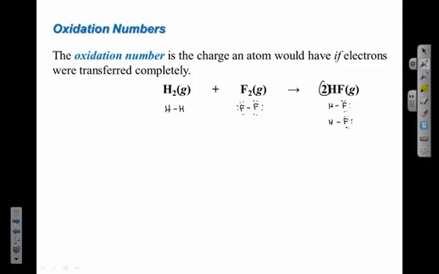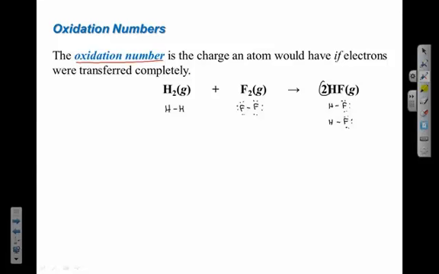So in this case, to determine that oxidation and reduction has occurred, we can't just look at the charges because there are no charges. What we have to do is develop a system of creating oxidation numbers, which are similar to charges. They're just a little bit different. They allow us to classify reactions like this as redox reactions, even though there are no charges shown.